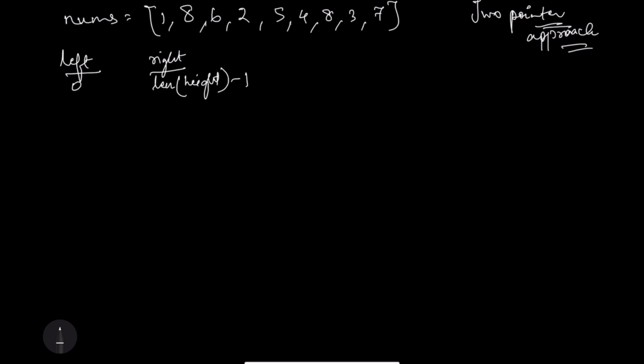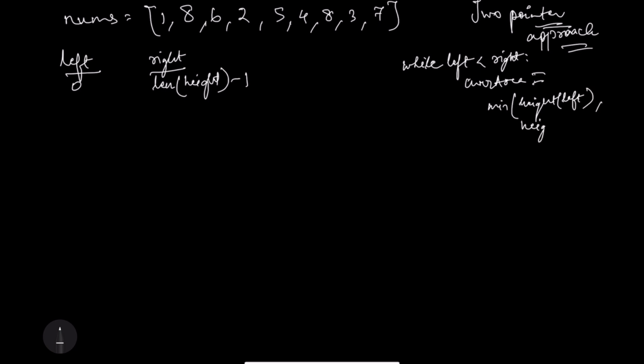So we will take two pointers and we will find the current area while our left pointer is smaller than our right pointer. So we will be running the loop while left is smaller than right. We find the current area, which equals the minimum of the height at left and the height at right, whichever is minimum we take into consideration, and then we multiply that with our width.